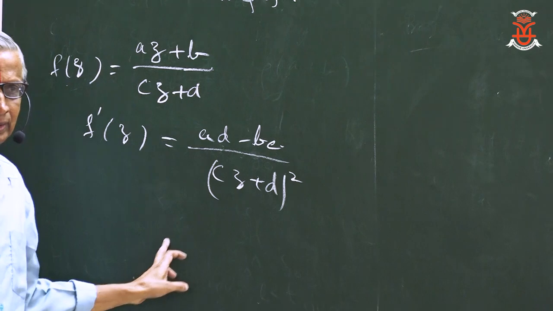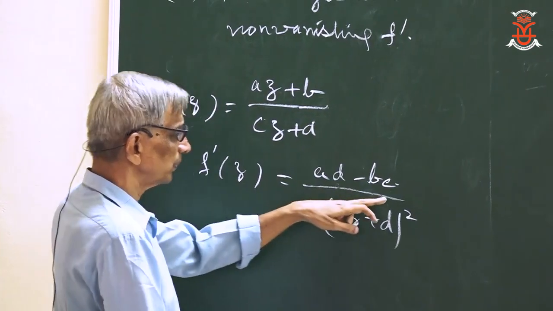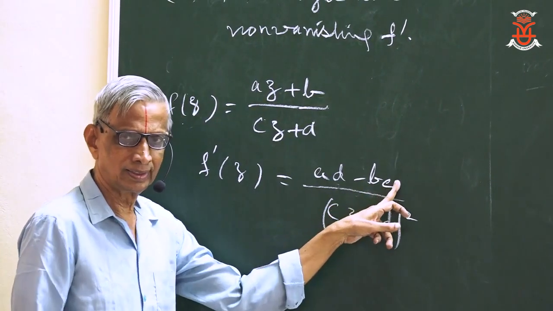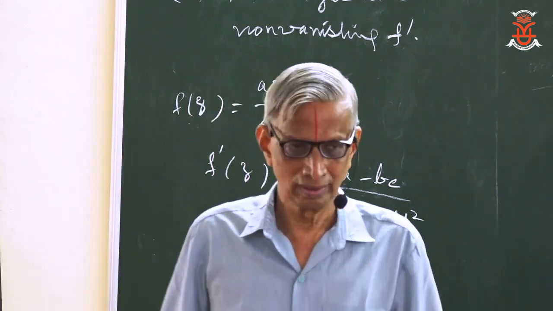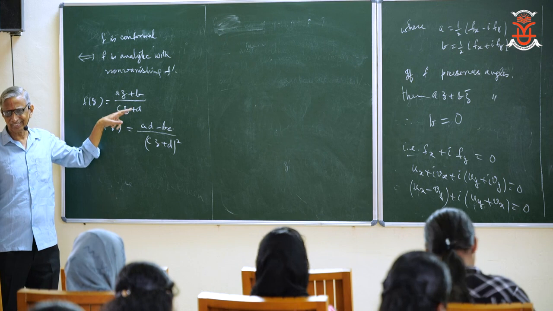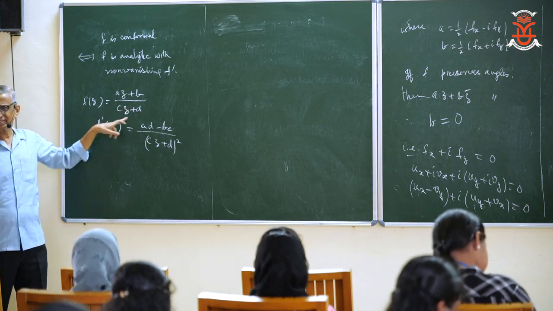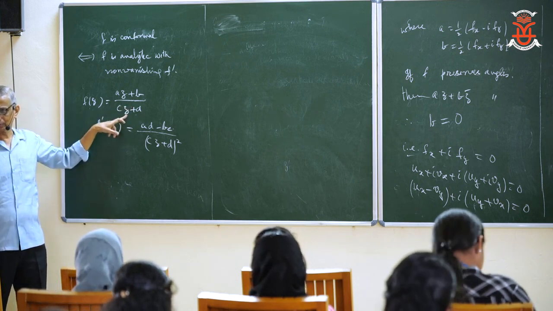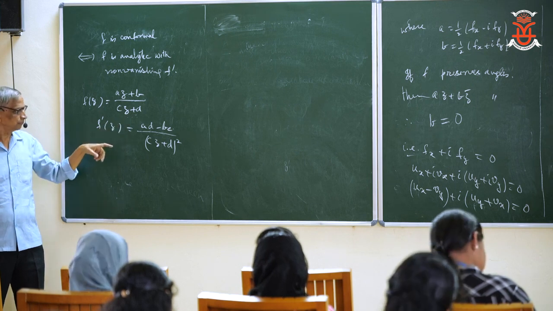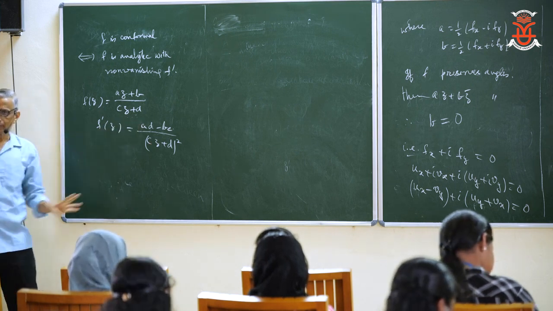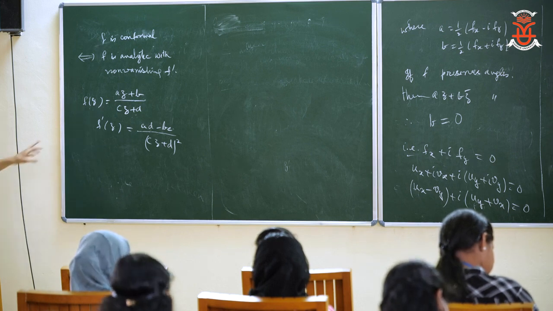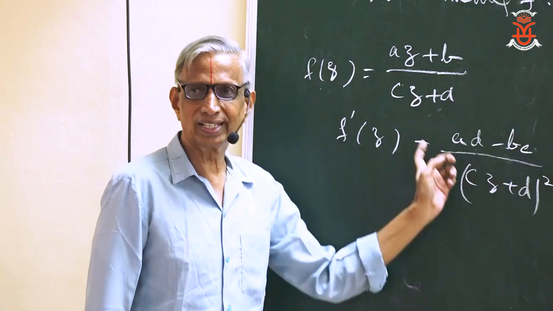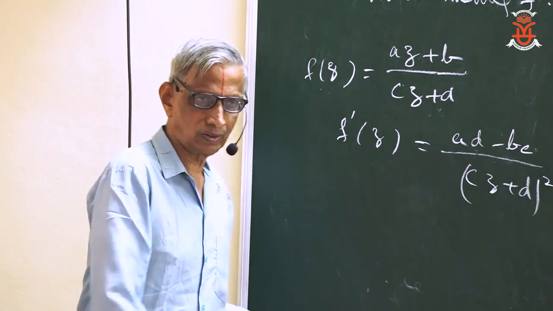Of course, this is analytic, except at the one point where the denominator is 0. But when it is conformal, the derivative is not 0, which means ad minus bc is not 0.